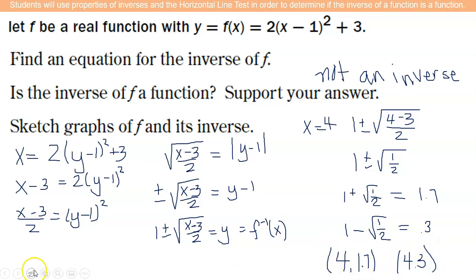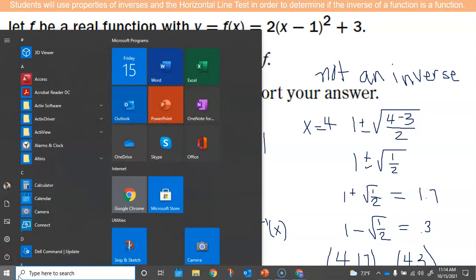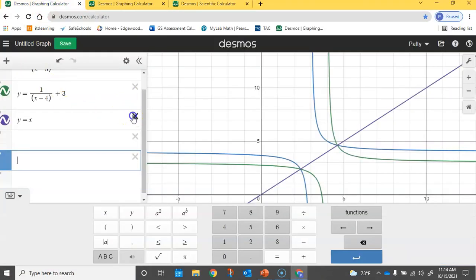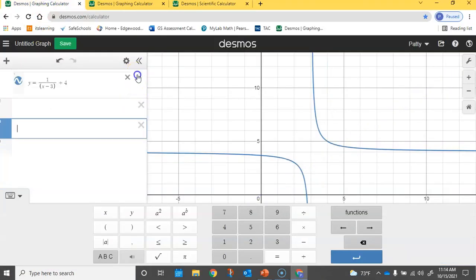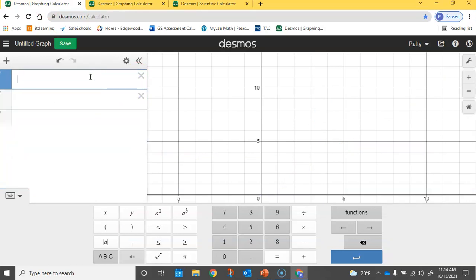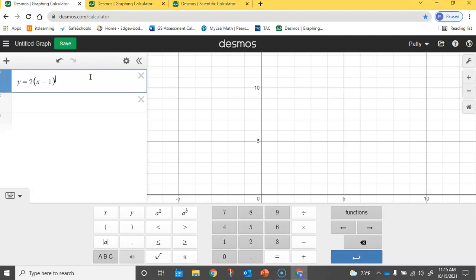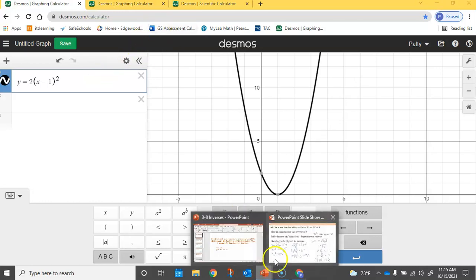And then to sketch this in Desmos, we can go up here and we have y equals 2 times (x minus 1) to the second. And I think there was something else there, wasn't there?